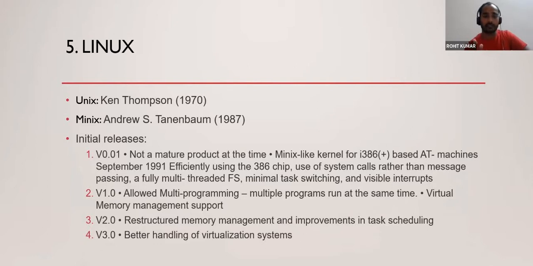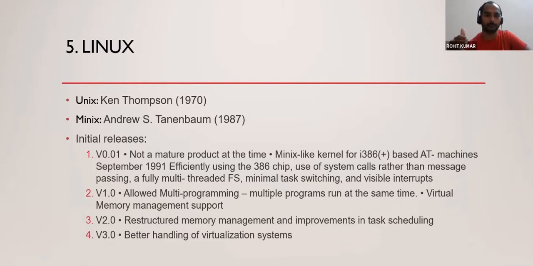Then comes the case of Minix, which was developed by Andrew Tanenbaum in 1987. Tanenbaum is a well-known writer of operating systems books, and he is also a well-known author of computer networks. Minix was the code attached to one of his books, a kind of documentation. When we studied around 2007, the Minix code used to come with the book.